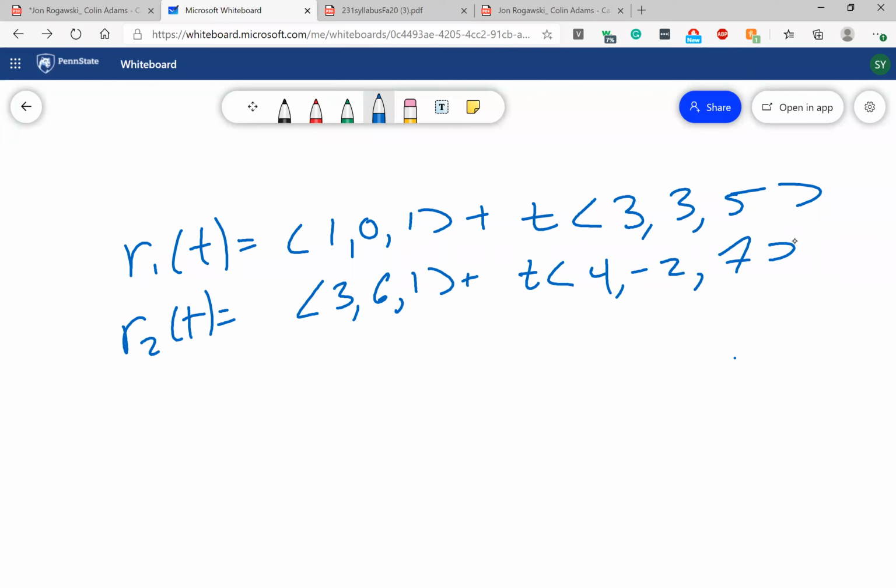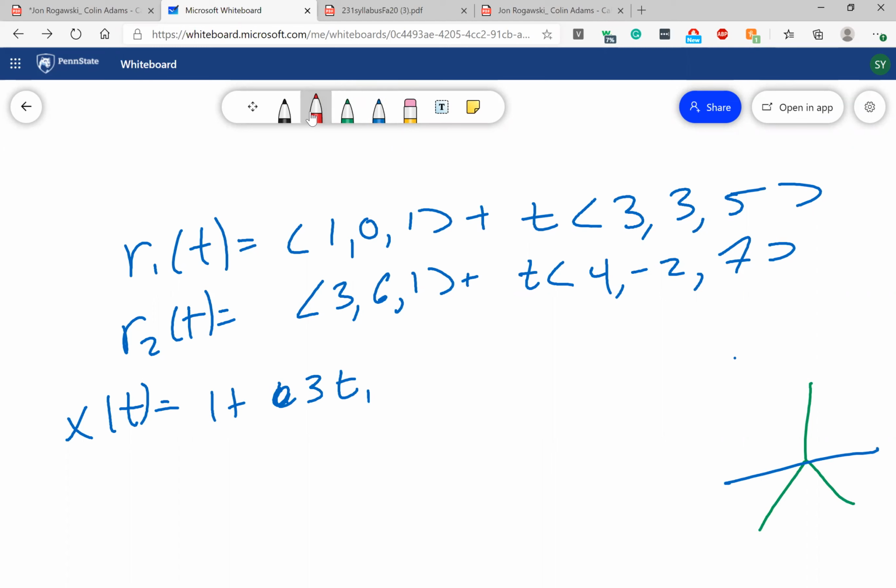We're trying to figure out whether these two lines intersect. If they intersect, the x-coordinates for both would be equal. That's 1 plus 3t1, where t1 is the parameter for this line, and the other line has parameter t2.